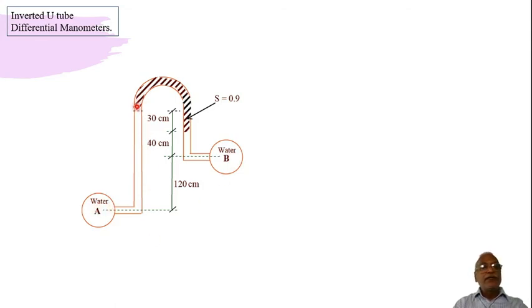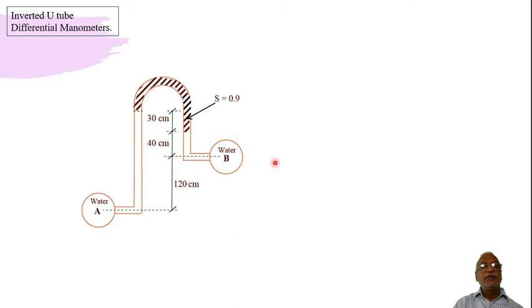Now there is a manometric liquid here, the specific gravity of which is given to be 0.9. You know that specific gravity of water is 1, and the specific gravity of manometric liquid is less than 1, it is 0.9. That's why it can stand there on the top. Manometric level difference is 30 centimeter. The level difference between manometric liquid and the level of B is 40 centimeter.